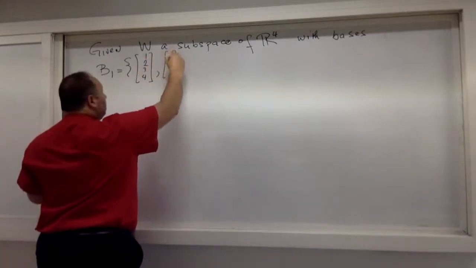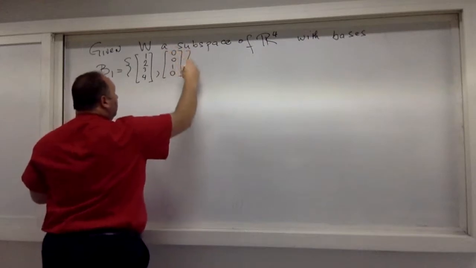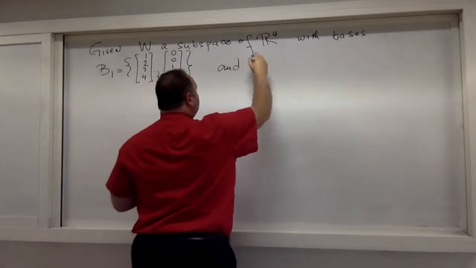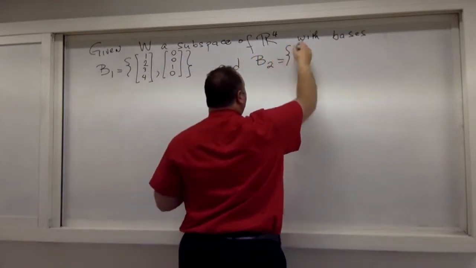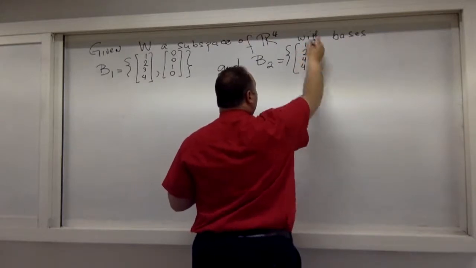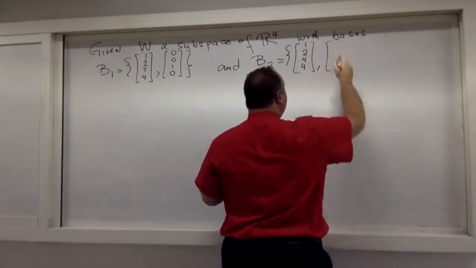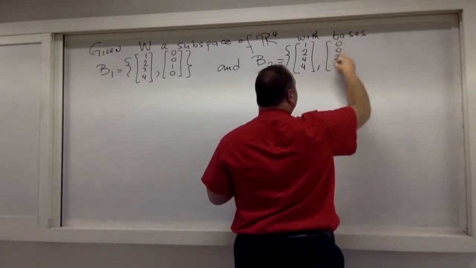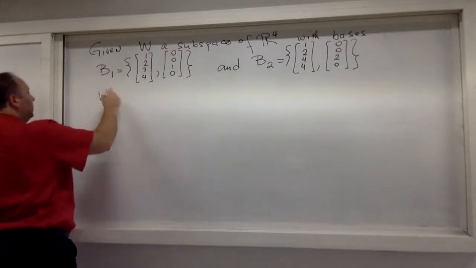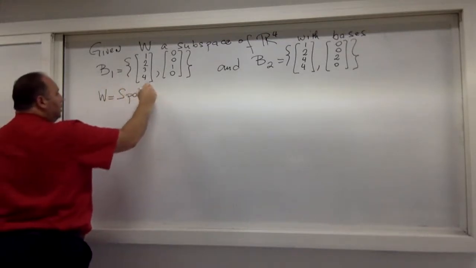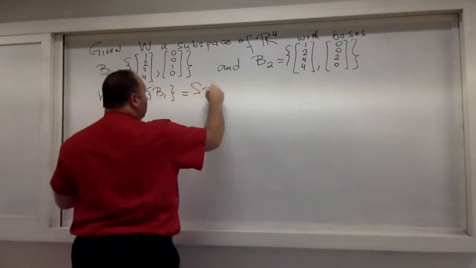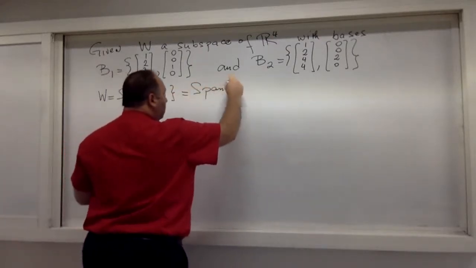The second vector is 0, 0, 1, 0. So this is one basis for W. And basis B2 for W will be 1, 2, 4, 4. Very creative. And 0, 0, 2, 0. Again, very creative. So W is the span of B1, which is the same as the span of B2.